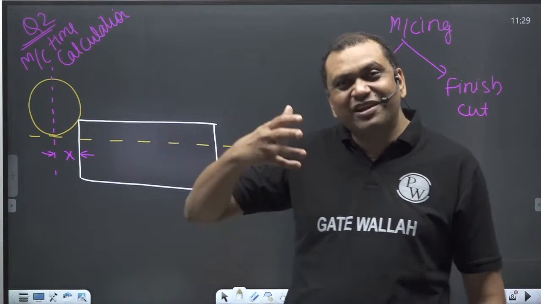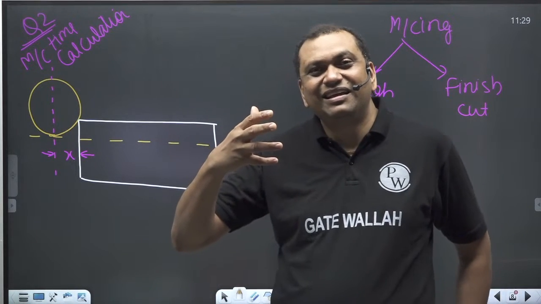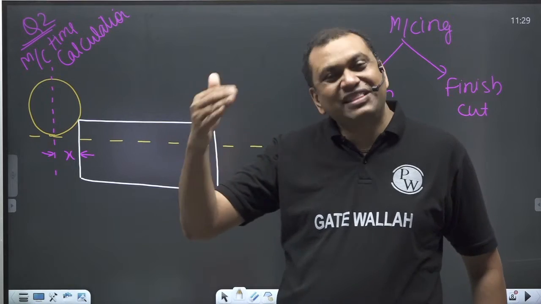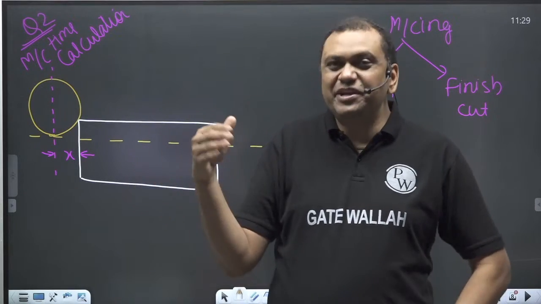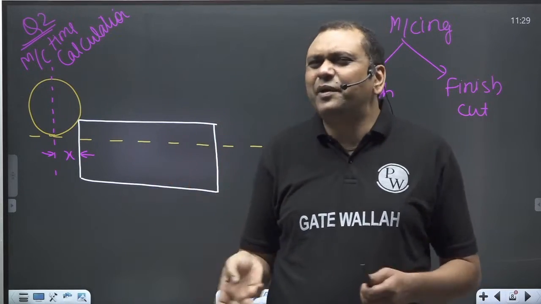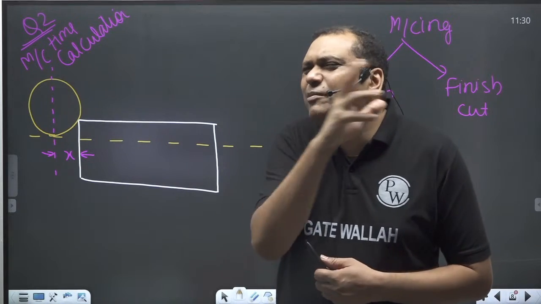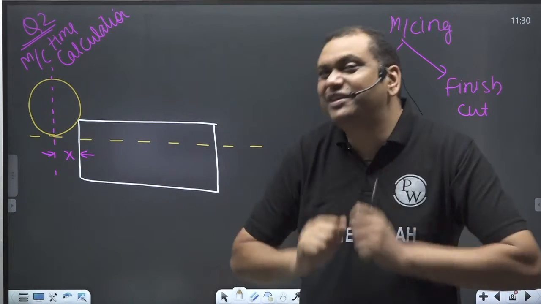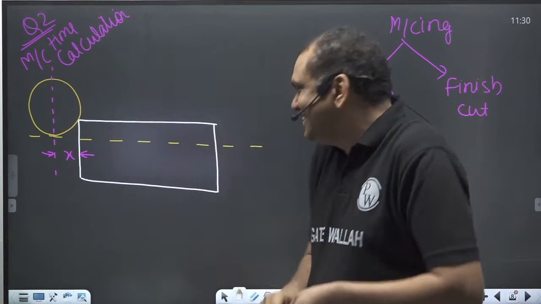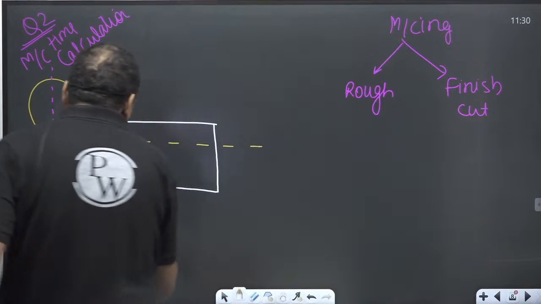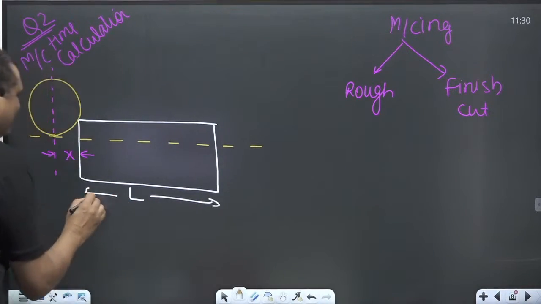So if you are withdrawing the cutter, it may spoil the surface finish. But anyway, we are not worried about the surface finish. We want to remove material. So it's okay. So let us say L is the length of the work.